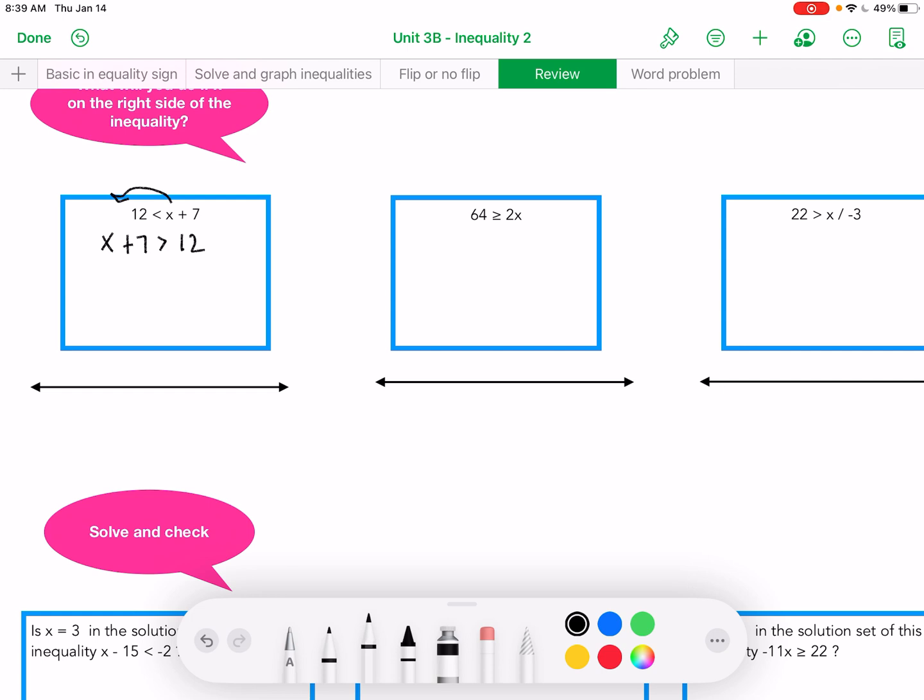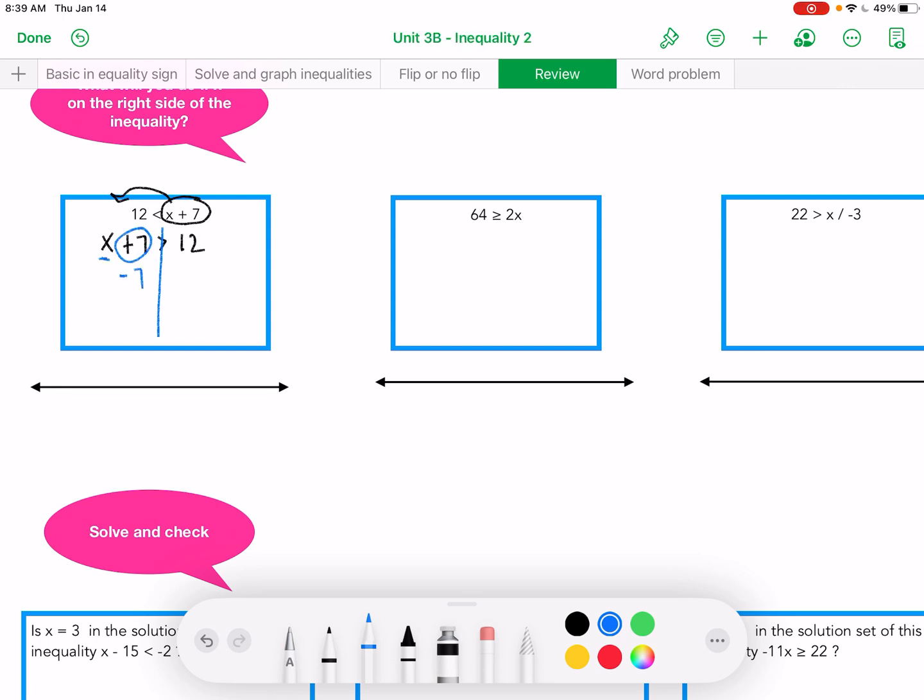It makes it much easier to solve that way, but we haven't changed the situation in the inequality, because here it says a number increased by 7, and we wrote that here, a number increased by 7. We're going to draw our line. Now we located our variable, which is on the left-hand side, and next to it is a positive 7.